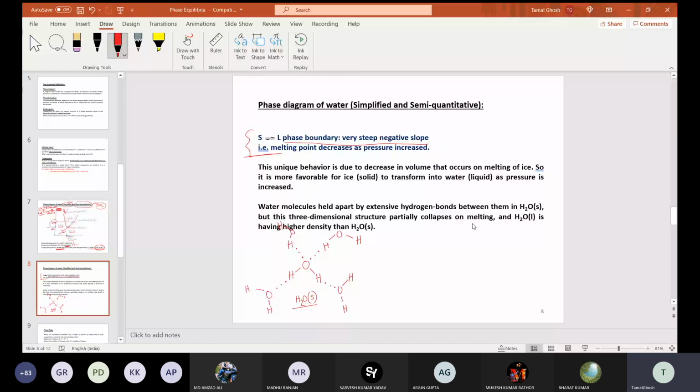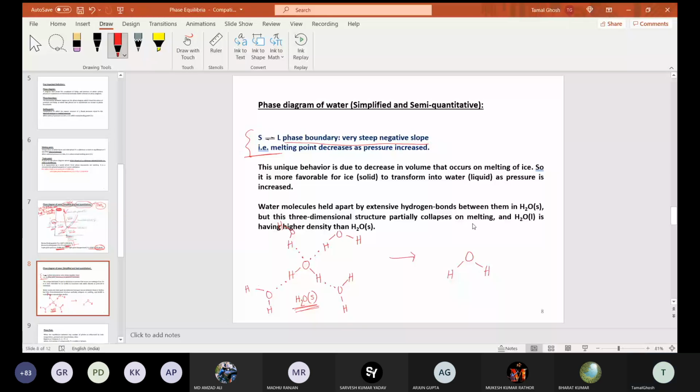So in the ice form, basically we get an extended hydrogen bonded 3-dimensional structure in the ice form or H2O solid. Now when melting is happening, some of these hydrogen bonds will be broken. It is not all the hydrogen bonds, but some of the hydrogen bonds will be ruptured or broken.